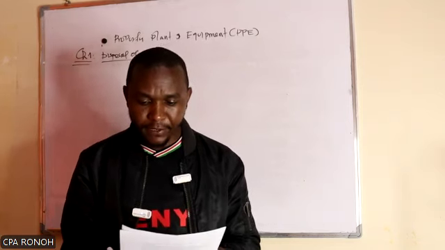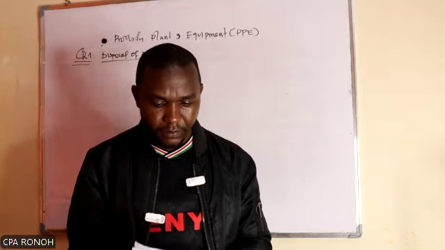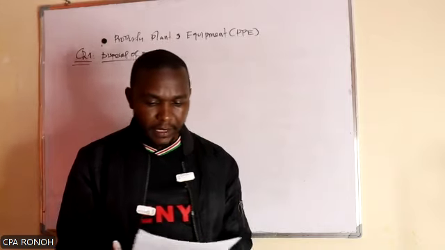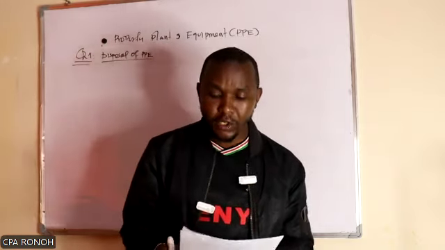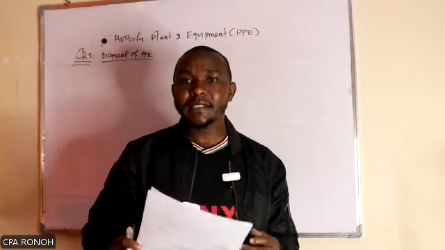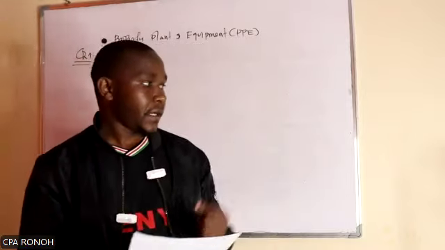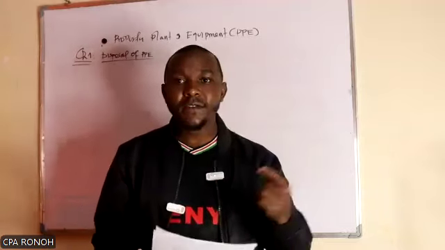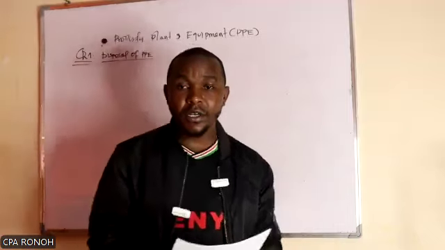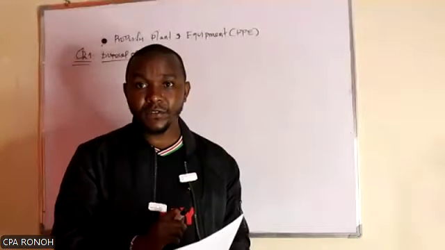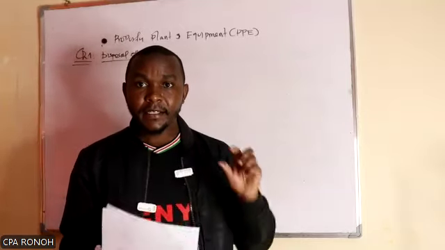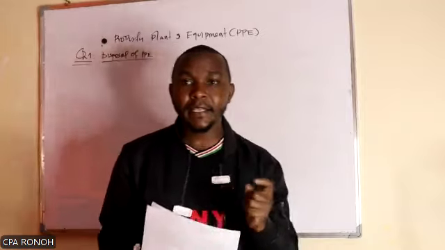During the year, the following transactions took place. Number 1, a motor vehicle bought on 1st January 2017 at 1 million was exchanged with a new one costing 1.5 million. So this is what is called a trade-in. A trade-in is where you give out an old motor vehicle in exchange for a new motor vehicle. They will do the valuation of the old motor vehicle, and then they will see the cost of the new motor vehicle. Any variance you will pay in cash.